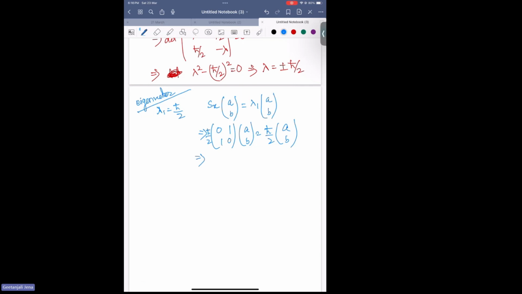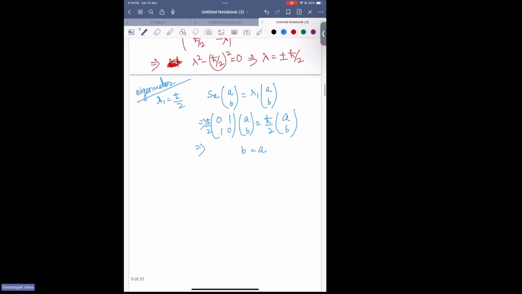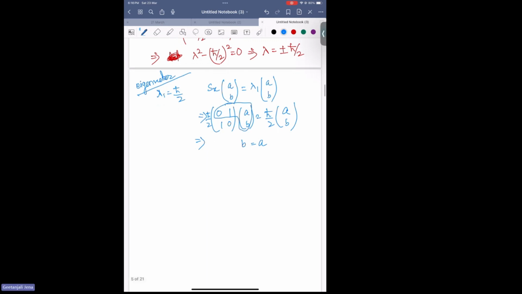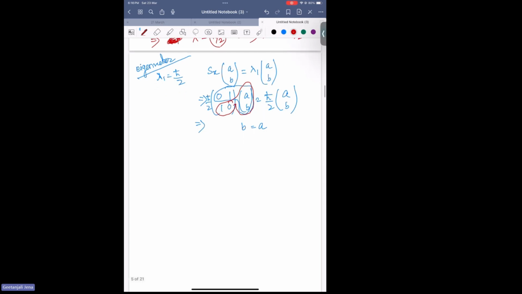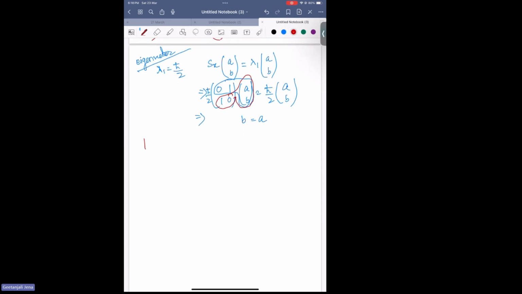So if you solve this matrix equation, you will see b equal to a. And for the second case also, you will see the same, b equal to a. So the eigenket, let's represent it by |+x>, equals (a, b), which is nothing but (a, a).